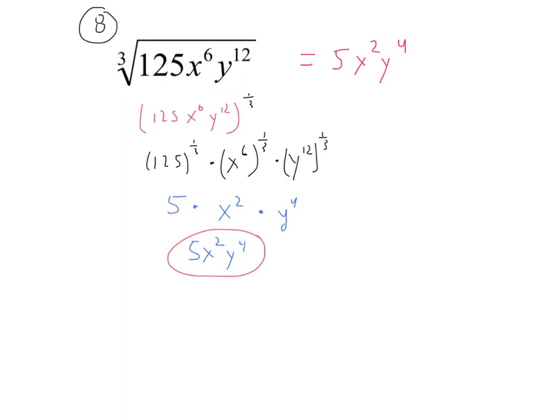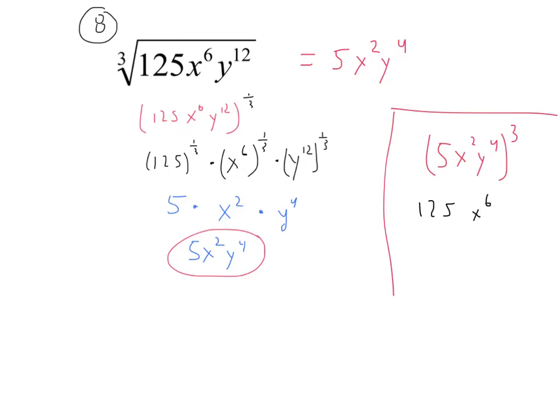And that's exactly what we have. If I were to take 5x squared y to the 4th and cube that, what would I get? I would get 5 cubed is 125, x squared cubed is x to the 6th, and y to the 4th cubed is y to the 12th. So that's further intuition about why this answer makes sense.